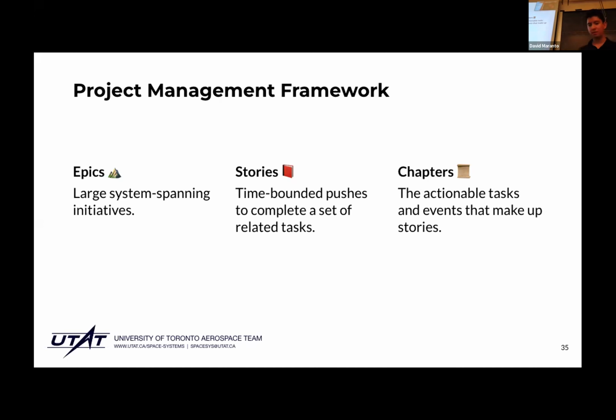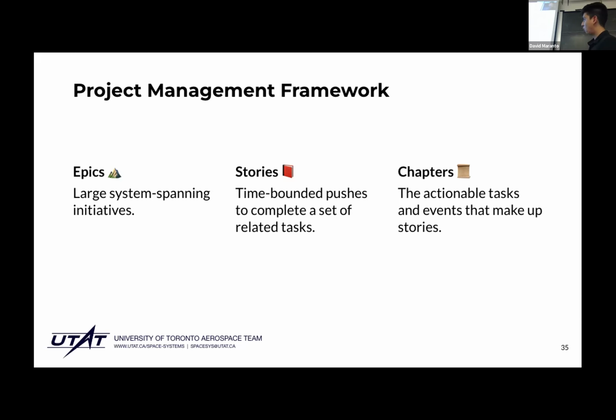Stories are smaller than epics. They are time-bounded pushes to complete a set of related tasks within that epic. And then chapters are themselves a smaller unit of stories. Of course, chapters make up stories, stories make up epics, and epics drive the mission forward. I'll give you a concrete example. Take the detailed design epic.